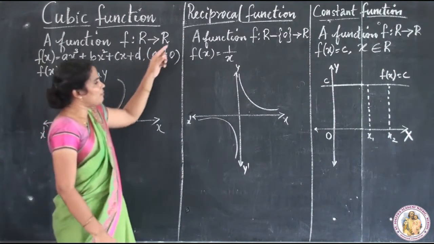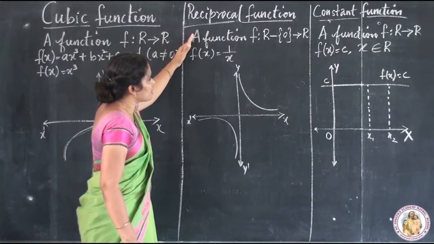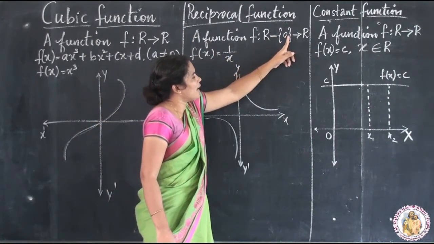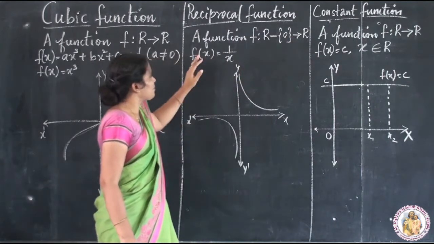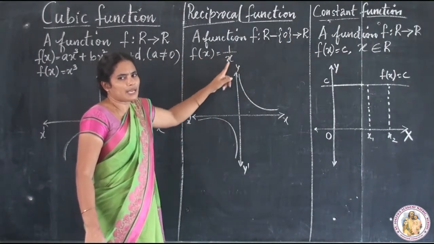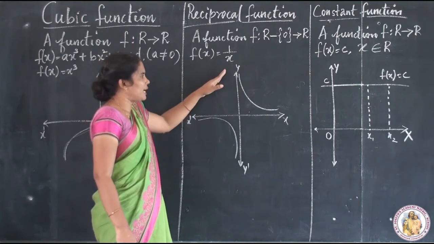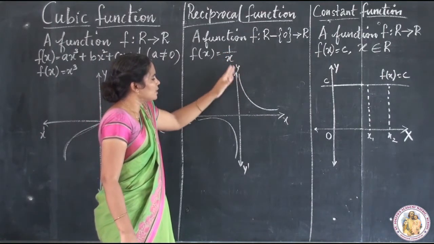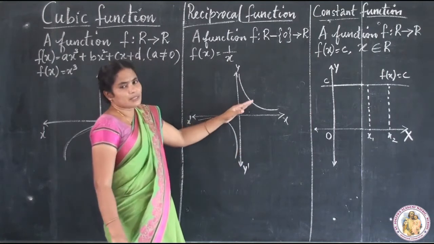And the reciprocal function: a reciprocal function is f such that R minus {0} to R, that is f of x is equal to 1 by x. For any value of x, 1 by 1 is 1 and 1 by 2 is 1 by 2, the curve will be like this.